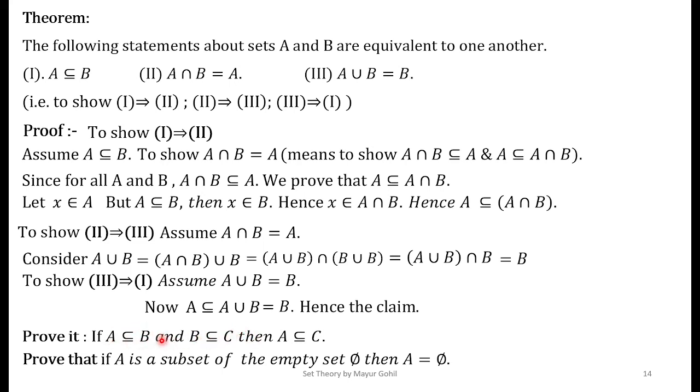It will belong to B, but B is already in C, so that element is in C. You started with A, then you landed up with that element in C, so A is a subset of C. That's very straightforward. And if A is a subset of the empty set, then A is equal to the empty set. So try to do this on your own. It's very simple. It will help you build your logical thinking, and your mathematical understanding will deepen with this.